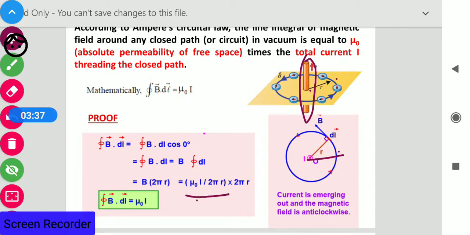That expression we calculated is mu naught I upon 2 pi r. We can use this relation here in place of B. Simplifying it, we get mu naught I. So the line integral of B dot dl is equal to mu naught I. This is Ampere Circuital Law, a very important law.